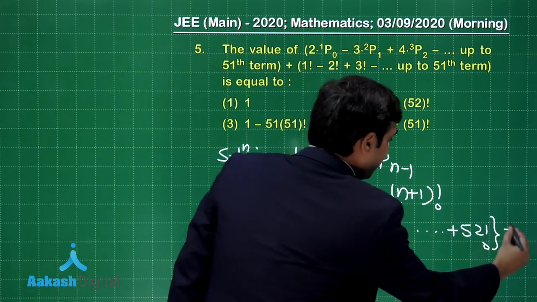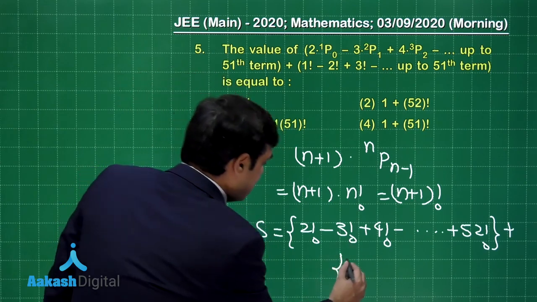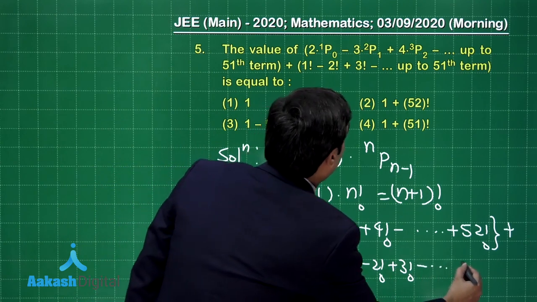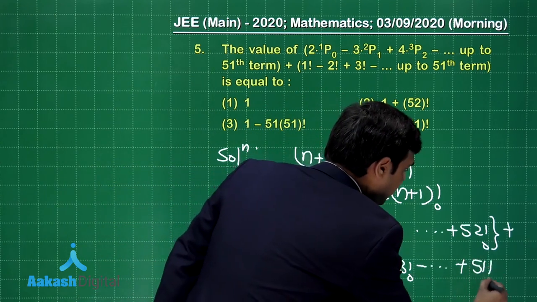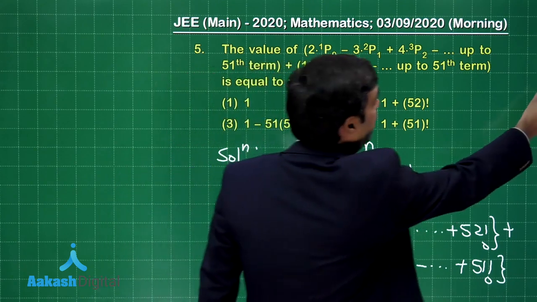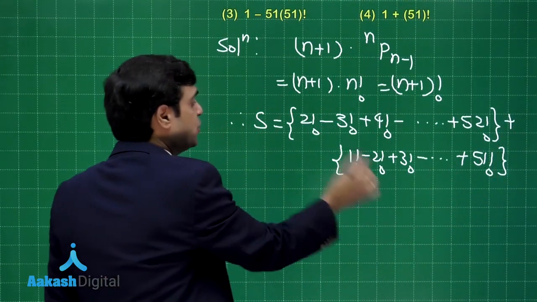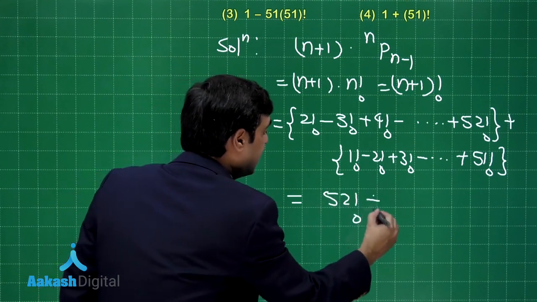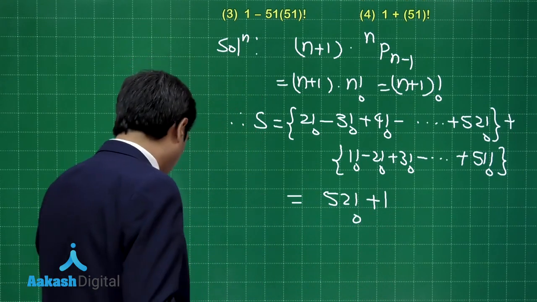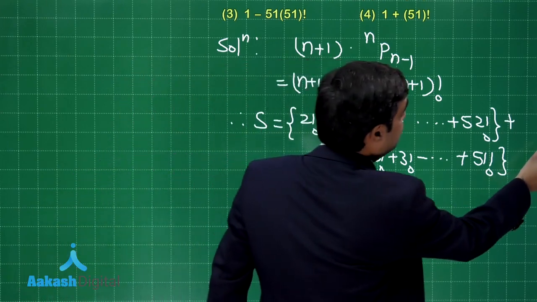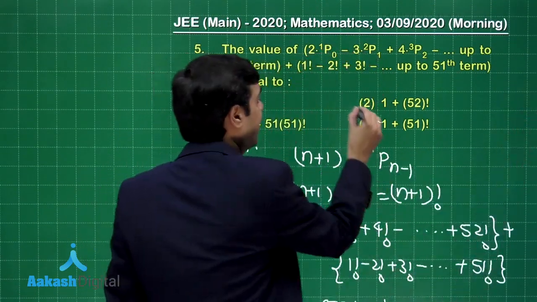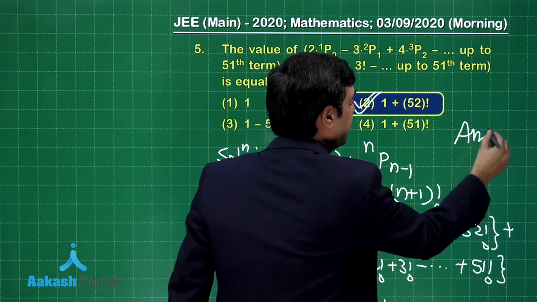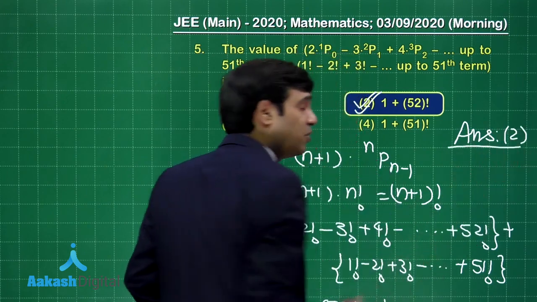Next, plus the second one, simply 1 factorial minus 2 factorial plus 3 factorial and so on, plus the last term would be 51 factorial over here. So when you see what you can find here, 2 factorial, 3 factorial, every term is cancelled. So this is 52 factorial plus 1. Now look at the given options. 52 factorial plus 1 is the required result, which is given here as option number 2. So let's mark and mention it as the required result. So I'm sure this question is clear.